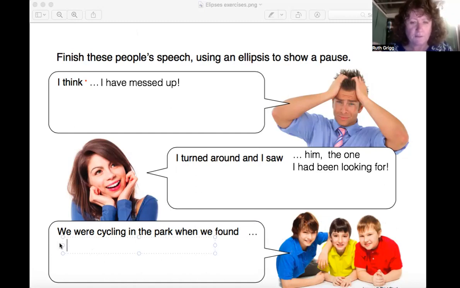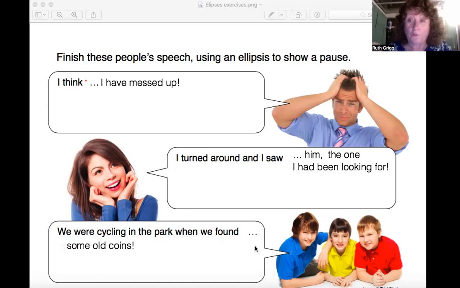This is something exciting. As they're smiling, they look like it's a bit exciting. What did they find? We found, can you think of something? I'm going to say we found some old coins. Wow.